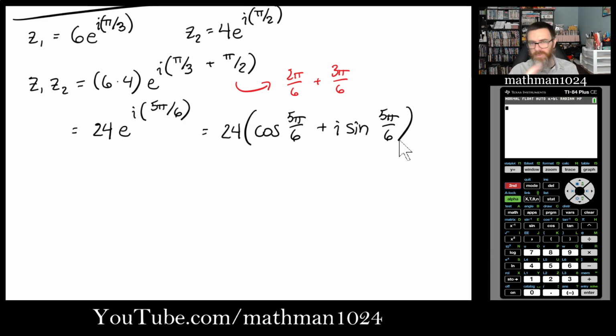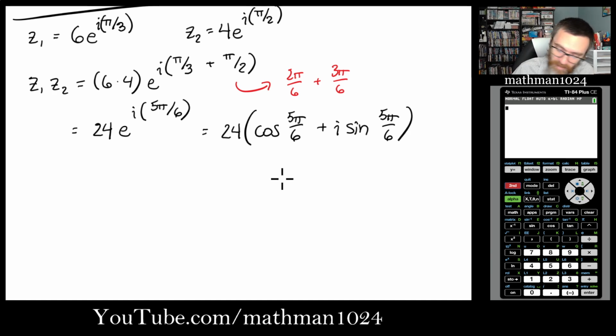And once you've got the exponential form, getting polar form is no big deal whatsoever. Now, if we were asked to, I could evaluate each of cosine and sine, multiply times 24, and come up with what the real part and the imaginary part are. I don't know that I really care to do that.